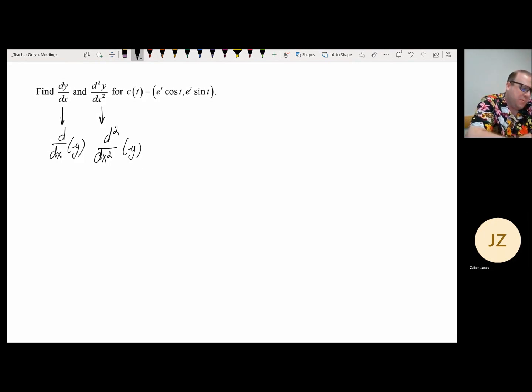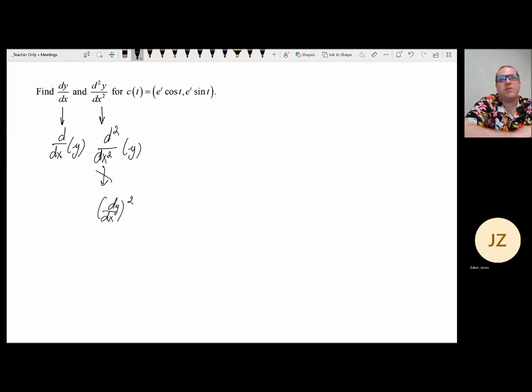Right? And of course, remember, this is not the same as that. Right? This as it stands doesn't make sense. Right? Because it's just an operator squared, which makes no sense. That would be dy/dx squared, right?